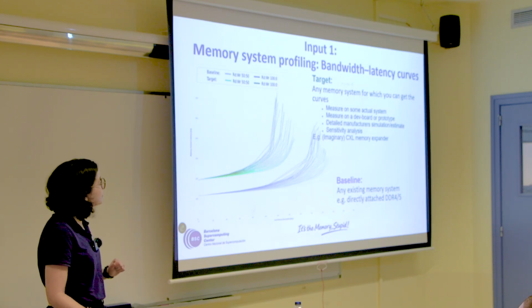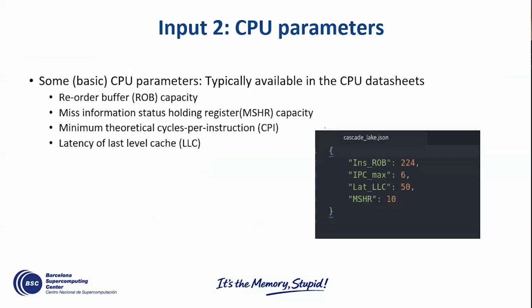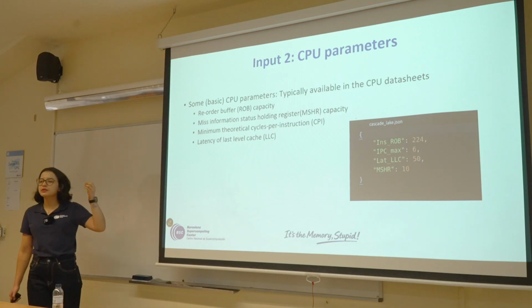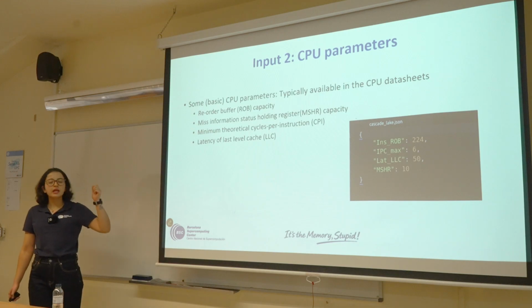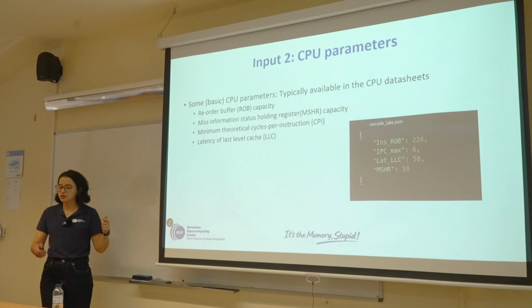And the second input is the CPU parameters. Here we are talking about four CPU parameters we need for the model. We have the reorder buffer capacity, the miss status holding register capacity, the minimum theoretical cycles per instruction, the CPI, and the latency of the last level cache.